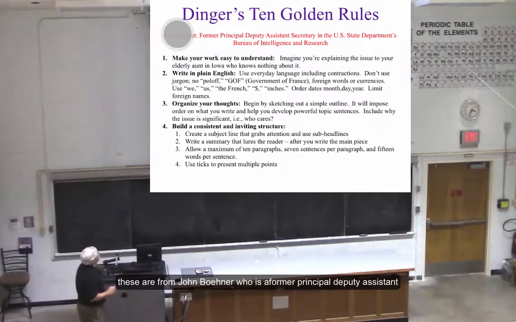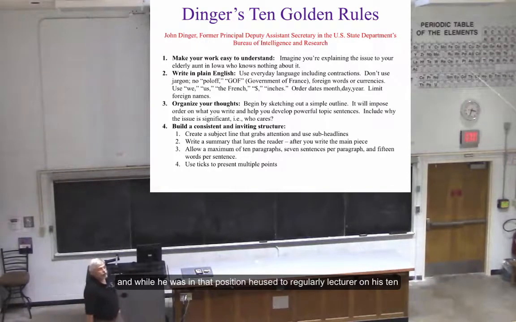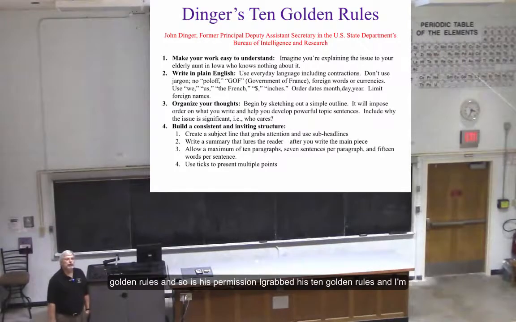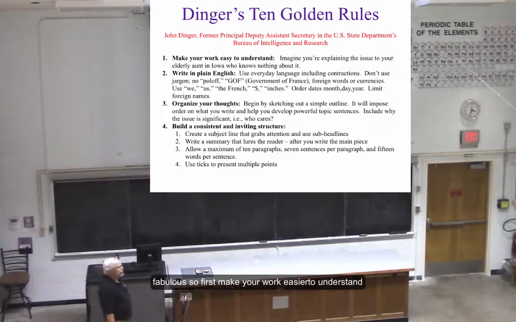These are from John Dinger, who's a former principal deputy assistant secretary in the U.S. State Department's Bureau of Intelligence and Research. And while he was in that position, he used to regularly lecture on his 10 golden rules. And so with his permission, I grabbed his 10 golden rules and I'm going to tell you a little bit about them. I think they're really fabulous.